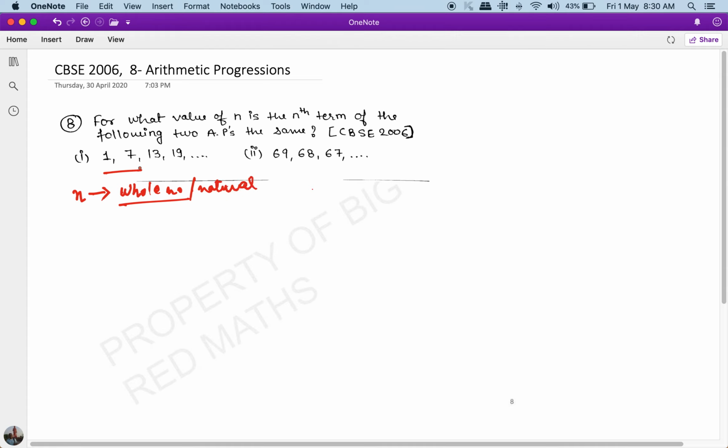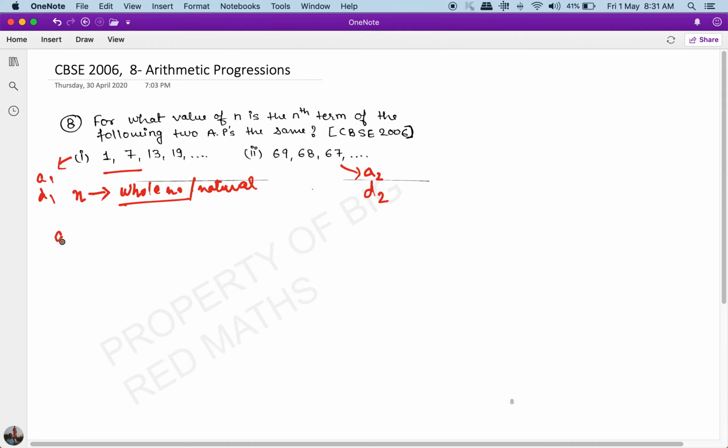Now let's start solving this one. So we have two APs here. Let me denote the first term and common difference of this one as A1 and D1, and the first term and common difference of this one as A2 and D2. Because it says that the nth term of the two APs are same, what is the nth term of the first AP?